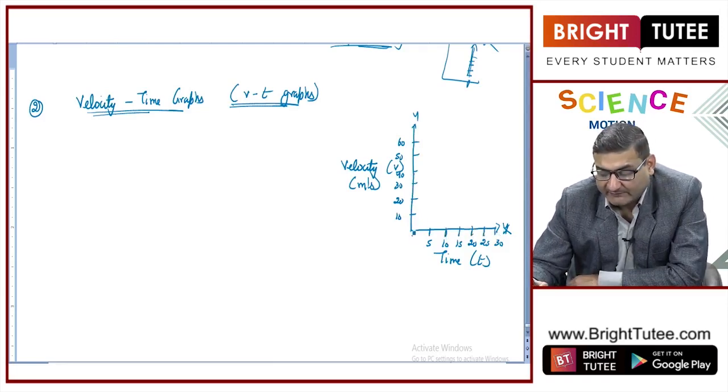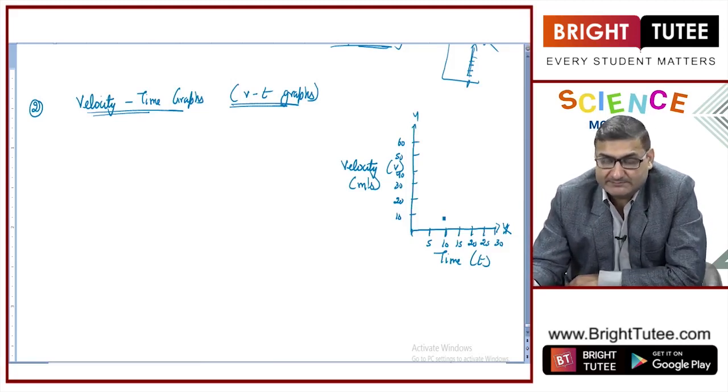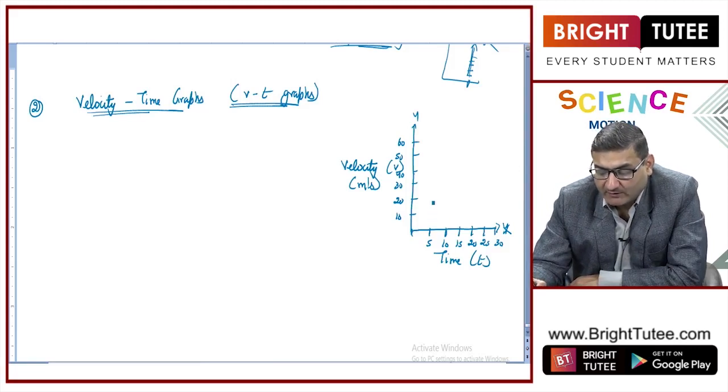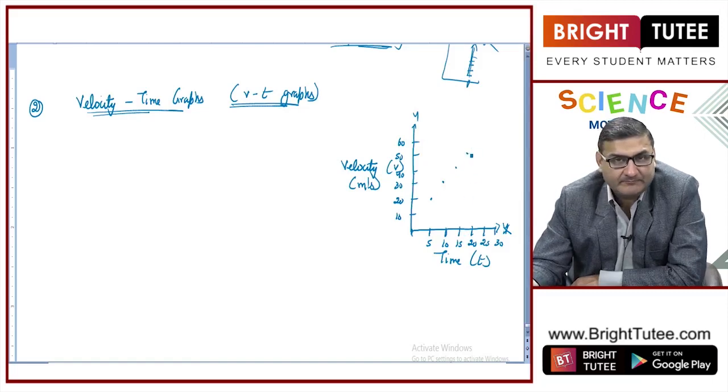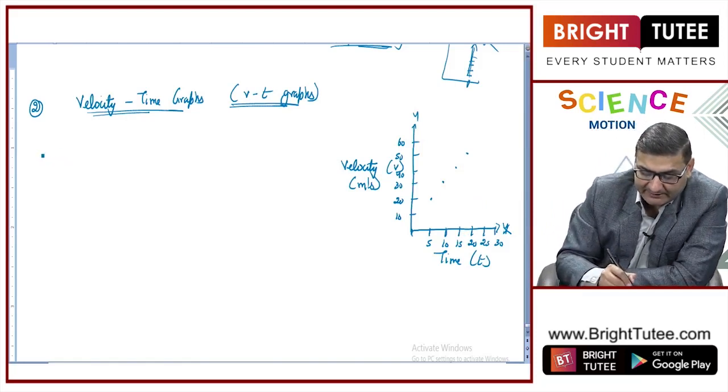Whenever we plot a graph, we plot what exactly is given in the question, after how much time what exactly was the velocity of this particular object. Fine. Depending upon the graph made, we will have various options.